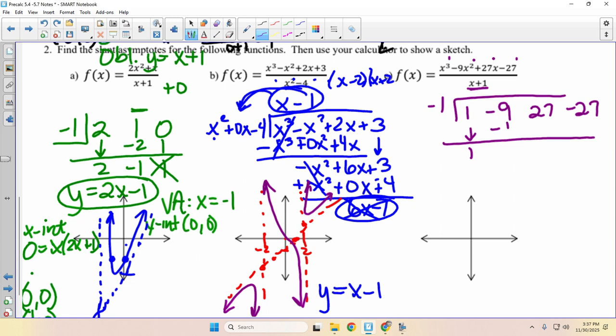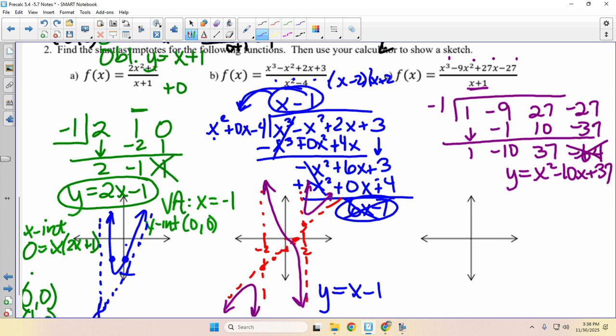multiply and add, multiply and add, multiply and add. Okay, and then we ignore the remainder. So our slant asymptote is x squared minus 10x plus 37.